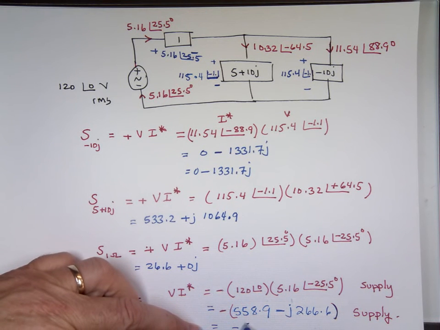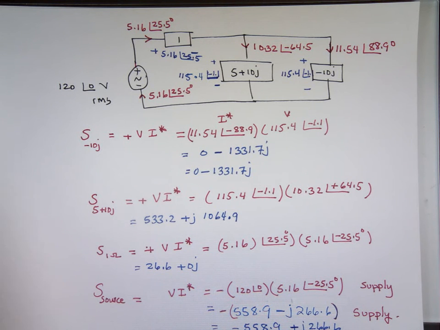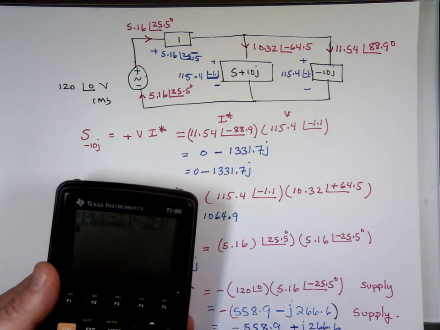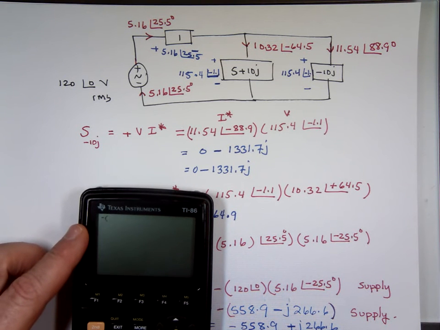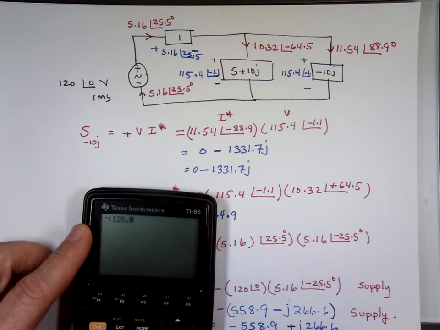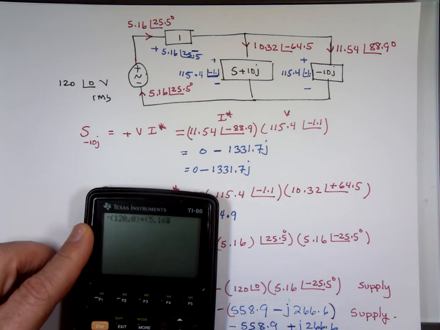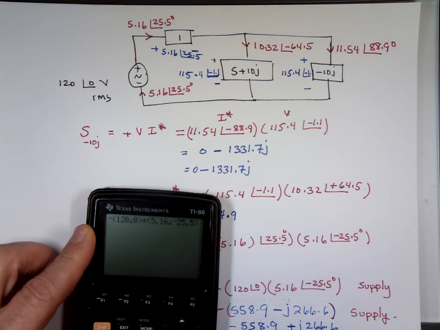-5. You know what? I think I was dyslexic. I know, because the numbers don't change. Let's see why I got a different answer the first time. I got 588, I think it was 558. Here's the minus sign, parentheses, 120 angle 0 times 5.16 angle -25.5, right? -558.